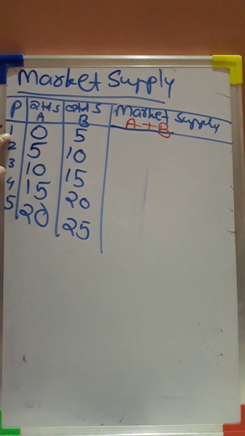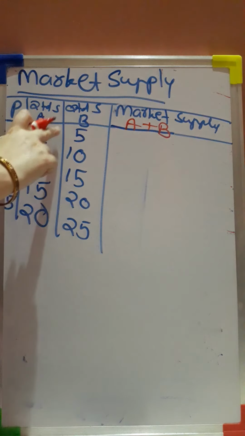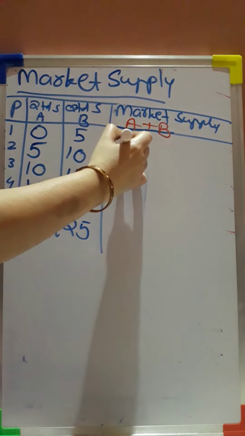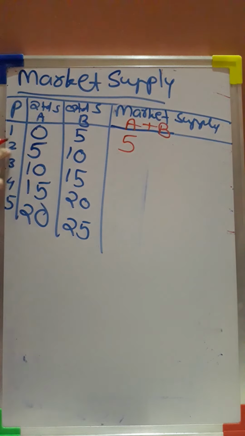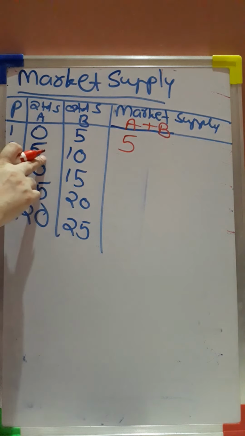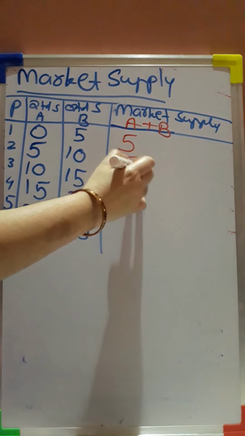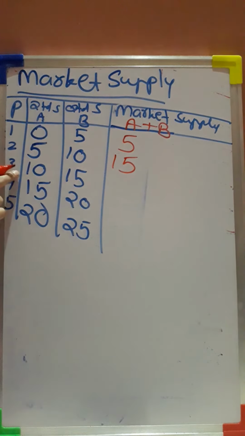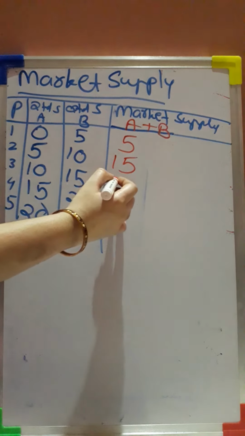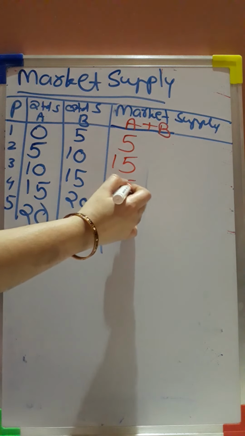So here at rupees 1, producer A supplies 0 and producer B supplies 5. So 0 plus 5, 5. At rupees 2, producer A supplies 5 and producer B supplies 10. So 5 plus 10, 15. At rupees 3, producer A supplies 10, producer B supplies 15. So 10 plus 15, that is 25.